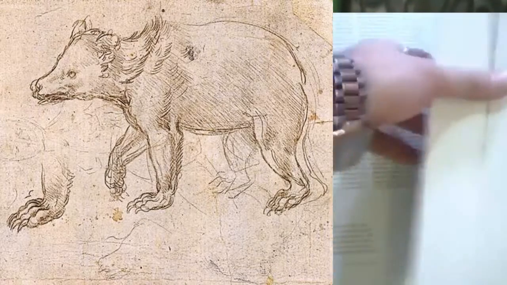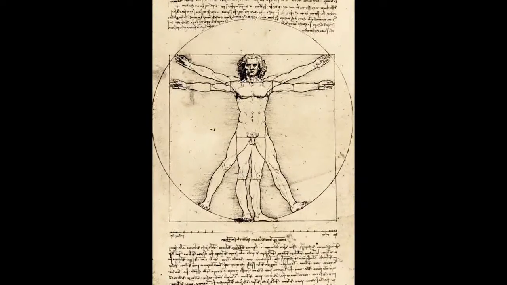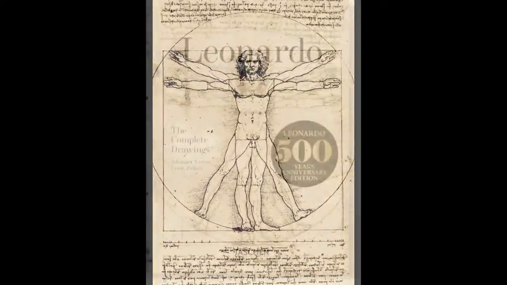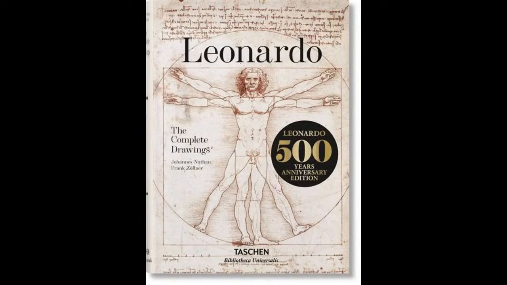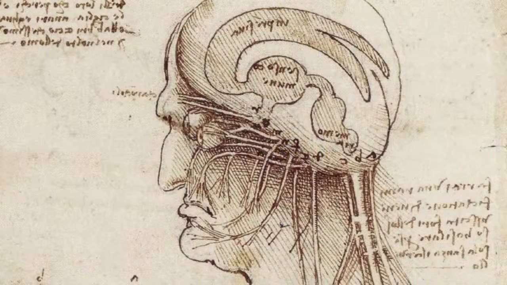And then there's so many suspicious things in here. So what's this book called? It is Leonardo da Vinci Sketches and Drawings, Frank Zöllner.